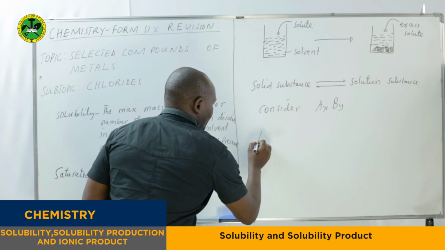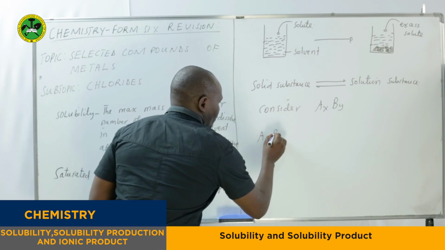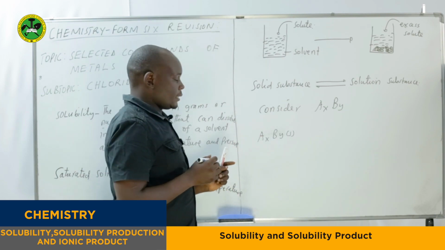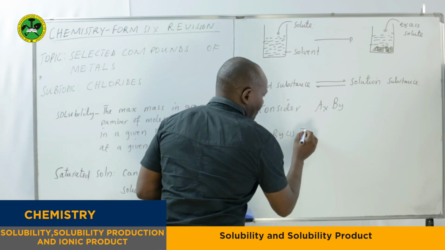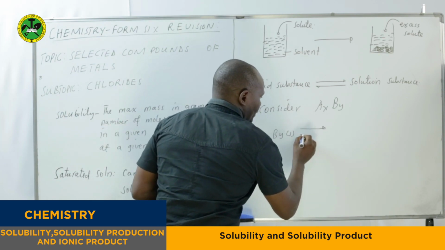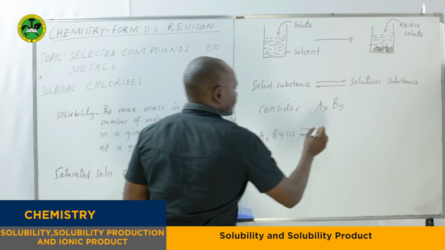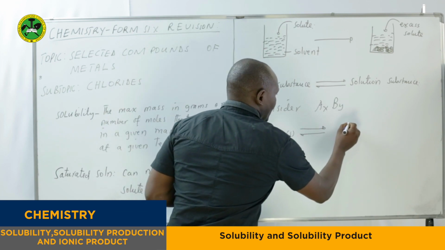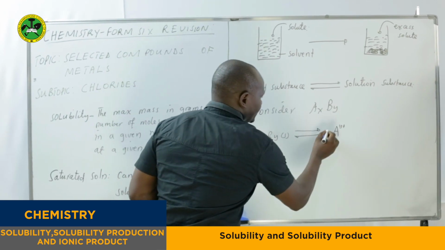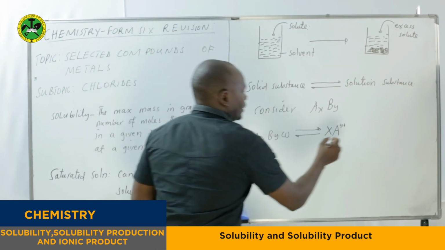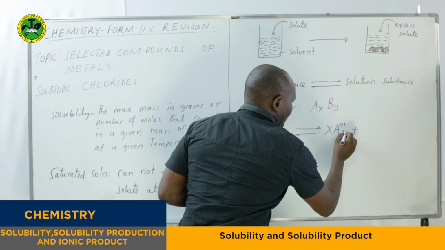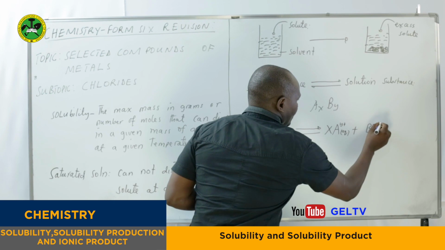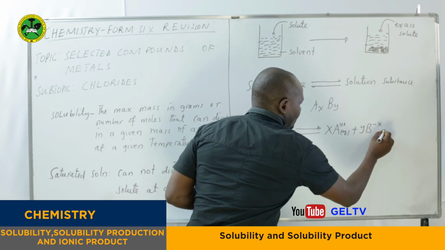We have AxBy, which is our solid, establishing an equilibrium with the solution, forming A to the power y positive, a cation, and B to the power x negative, an anion, both aqueous.